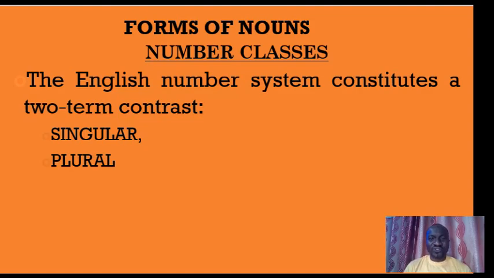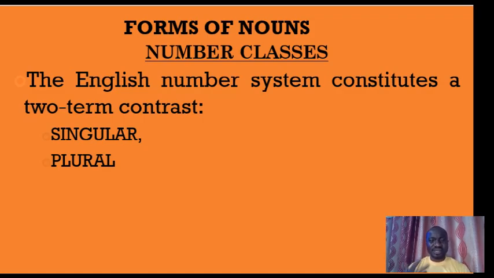When we talk of forms of nouns, we are talking about number classes. In English, the number system constitutes a two-term contrast, and that is what we call singular and plural.